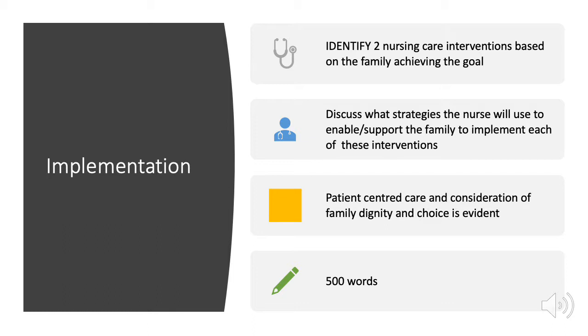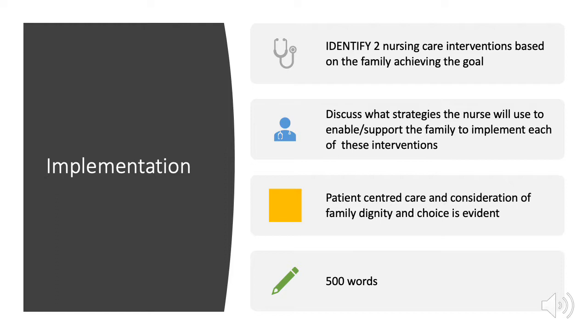Now, you need to make sure that you are aware of family-centred care and consideration of family dignity and choice throughout this discussion. So it's not you implementing, it's how you will enable or support the family to implement the interventions.